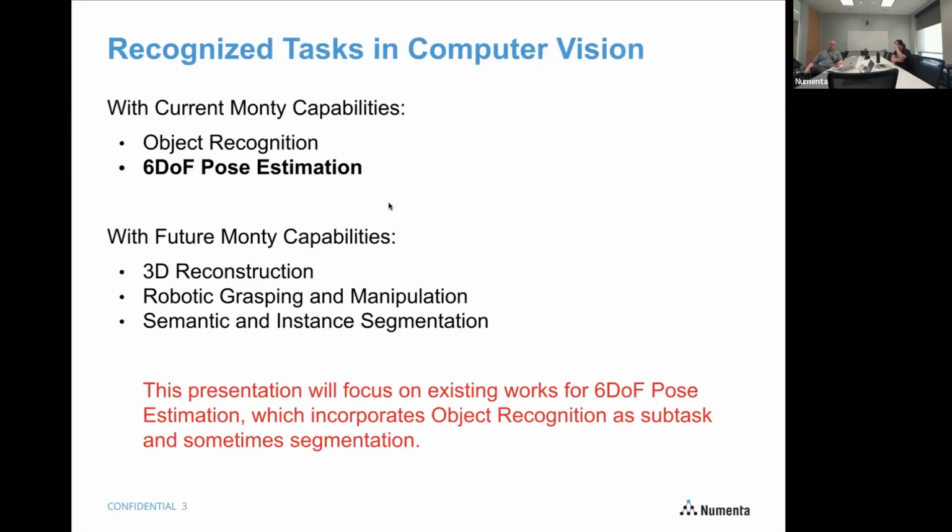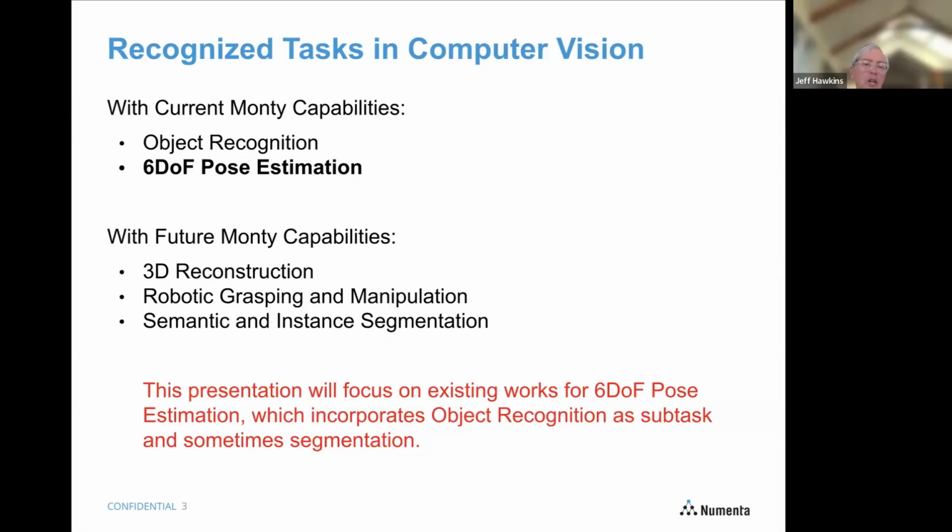So I try to put this in the deep learning, I guess, lingo of current Monty capabilities. What we currently have implemented, we can do object recognition and something called 6 degrees of freedom pose estimation, and some other future Monty capabilities may be able to do, in the CV lingo, 3D reconstruction.